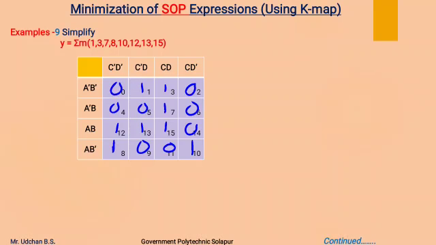Here we cannot get octet and we cannot get a chord, so we have to find out the pairs only. This will be our first pair, which gives the equation as A bar B bar D.